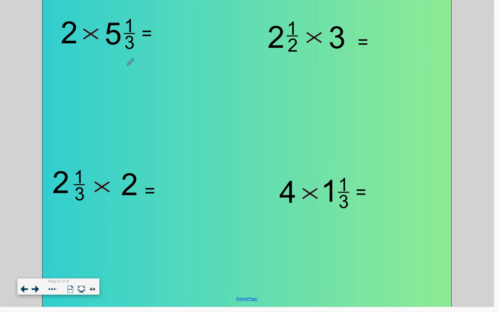So first, any mixed number, you want to convert it into an improper fraction. This equals 16 thirds. We need to multiply that by 2. I know that 2 times 16 is 32, but you might need to set up your long division.